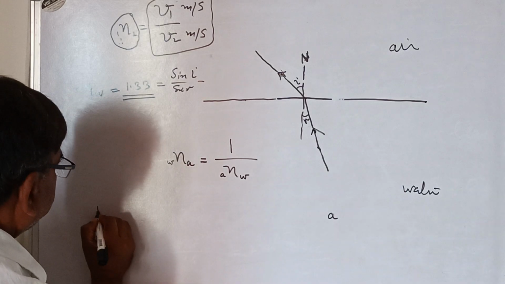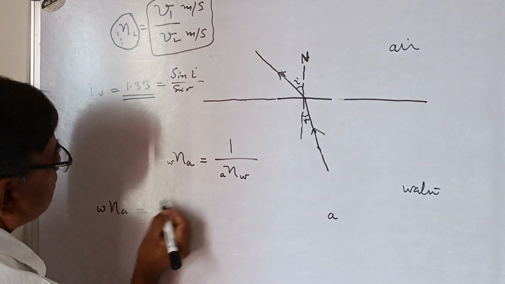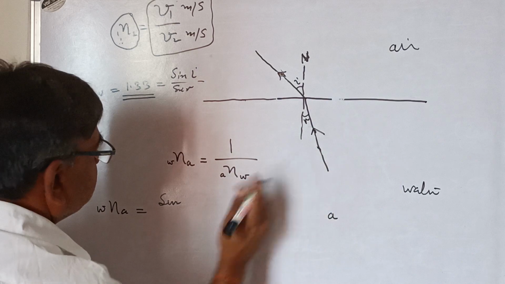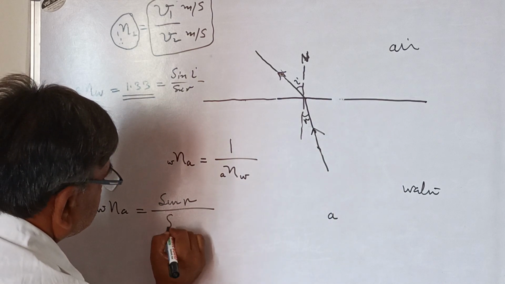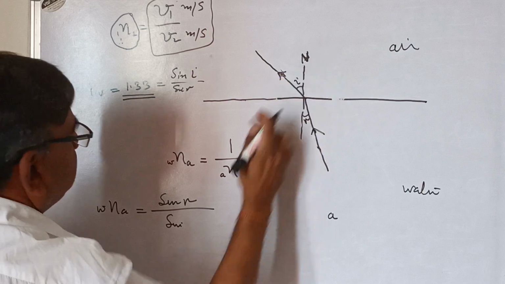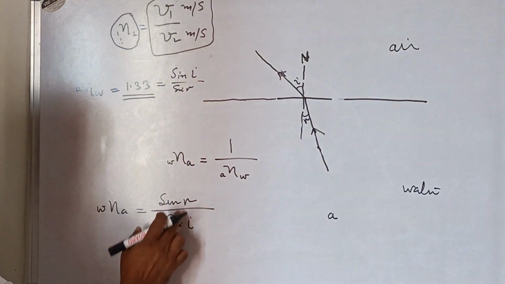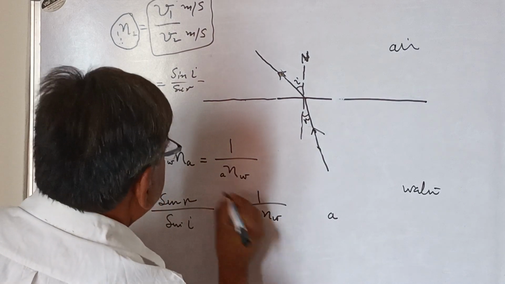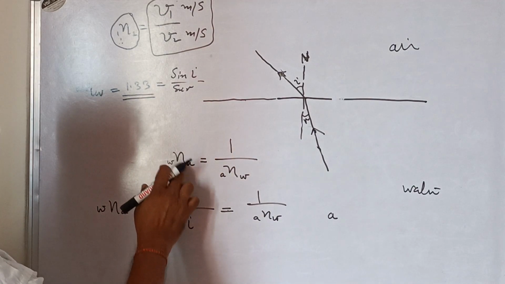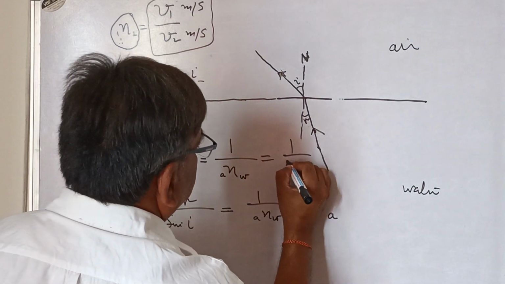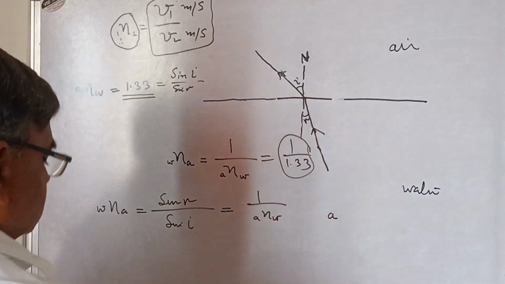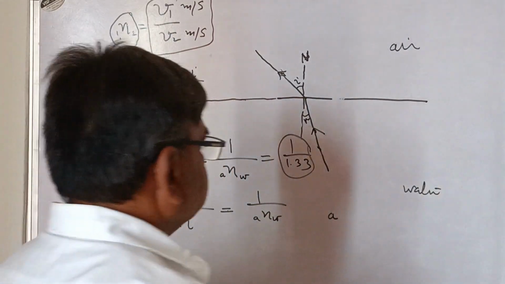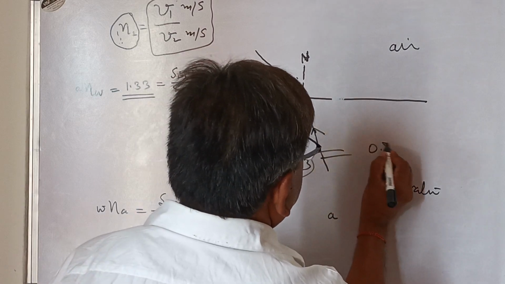So in case of W and A, the sine of the first one, if it starts from here, the first medium will be this, so sine of r divided by sine of this angle. Of the same name, we take the same name. So this will be 1 by A n W. So here naturally you will calculate W n A. It will be 1 by 1.33. This is simple mathematics. You calculate and you will find out what the value will be. It will be nearly 0.75.